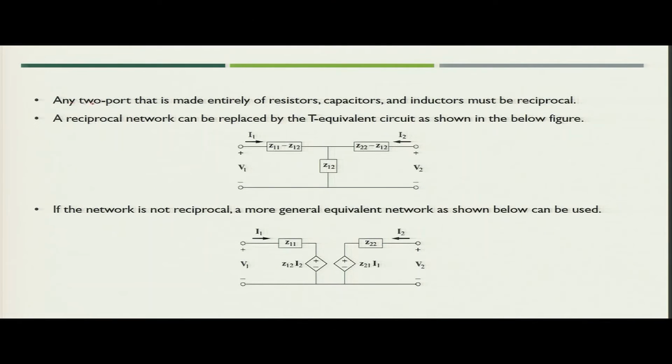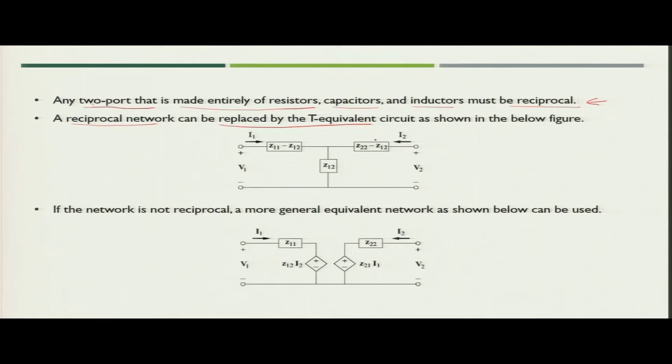Now, any two port network that is made entirely of resistors, capacitors and inductors must be reciprocal. This is another important property which you have to keep in mind, and when you have a reciprocal network you can replace that network by an equivalent T circuit.